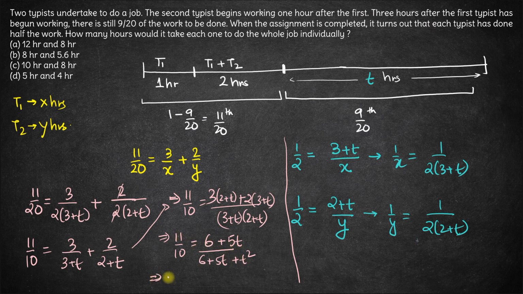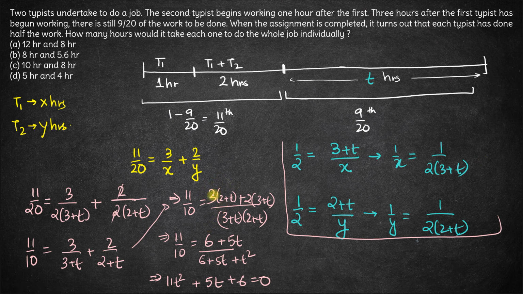We'll have 11 into t square plus 11 into 5t is 55t, 55t minus 50t is 5t. 11 into 6 is 66, and 10 into 6 is 60. So 66 minus 60 is plus 6 is equal to 0. So 11t square plus 5t plus 6 is equal to 0.